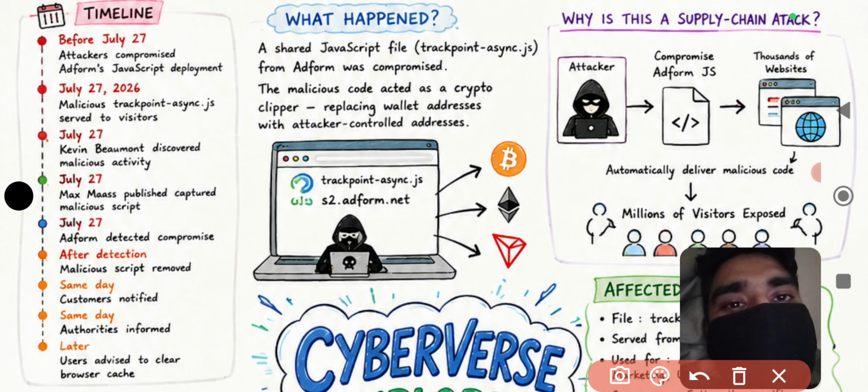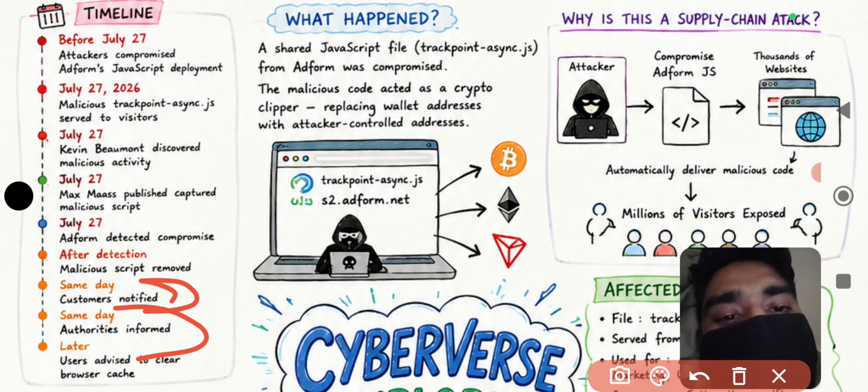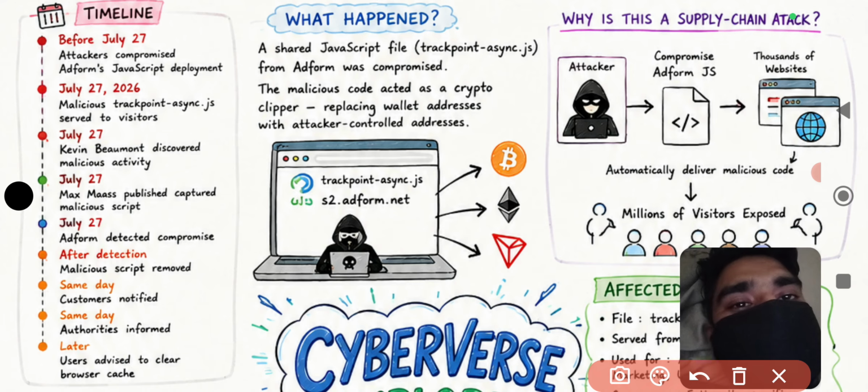Then in 2026, the malicious trackpoint file was served to visitors. Eventually Calvin Binot discovered the malicious activity and published a capture of the malicious script. Adform then fixed the compromised host, and after detection the malicious script was removed. The same day the customers were notified, the authorities were informed, and later users were advised to clean their browser history. This is the actual timeline.